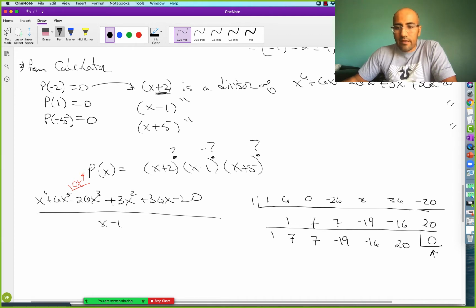The nice thing about this is we already expected this to be a 0 because we knew that this was going to be true. This divides that, which means the remainder is 0. If you don't get a 0 here, that means you did something wrong. We're good so far?